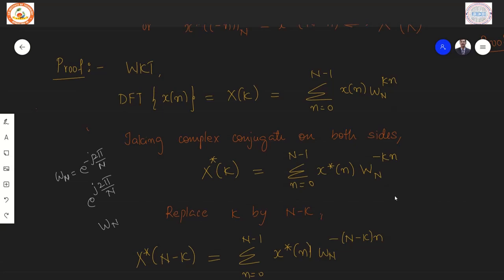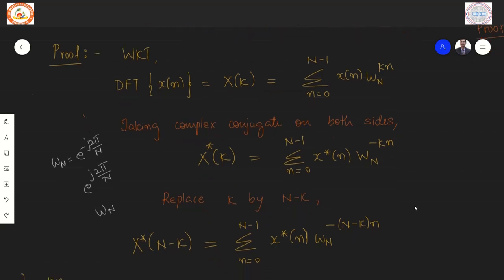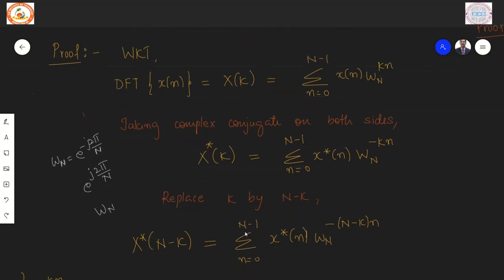In the next part, let us replace the k with n minus k. Then x conjugate of n minus k is equal to the summation n between 0 to n minus 1 x conjugate of n into Wn to the power of minus capital N minus k mod n.